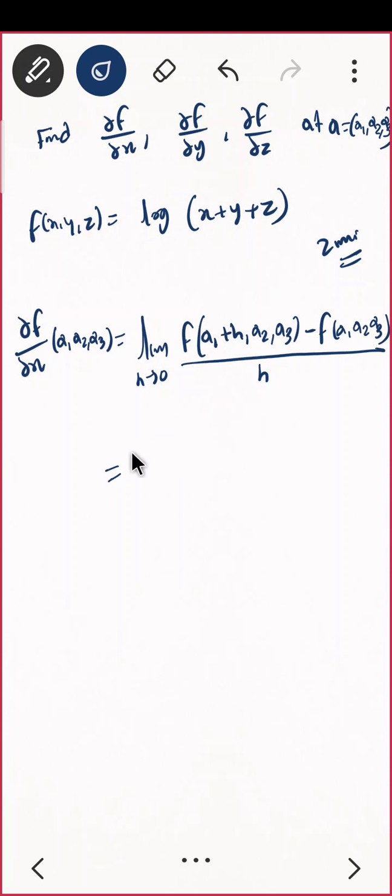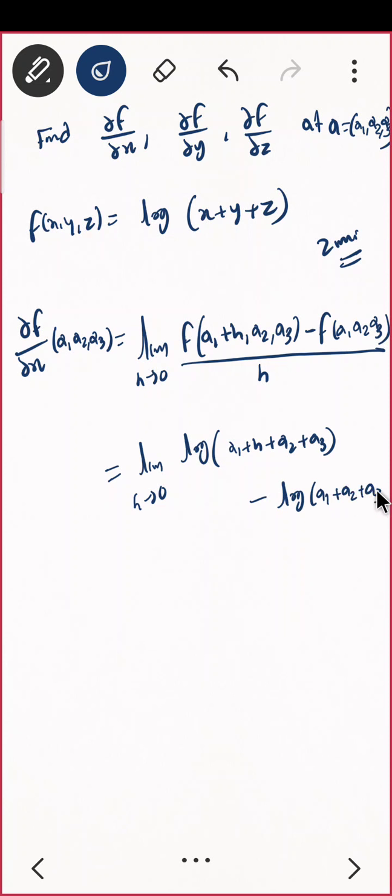Substitute, what will this be? Limit h tending to 0, it will be log of x plus y plus z. So it will be log of (e1 plus h plus e2 plus e3) minus log of (e1 plus e2 plus e3), divided by h. And what is the property of log?